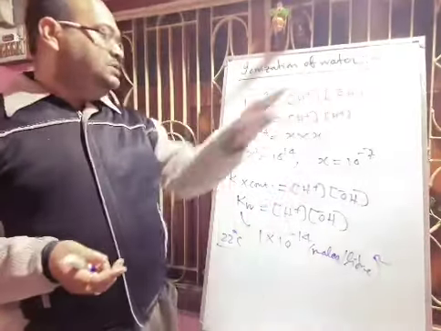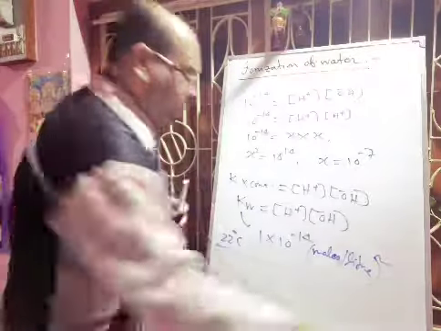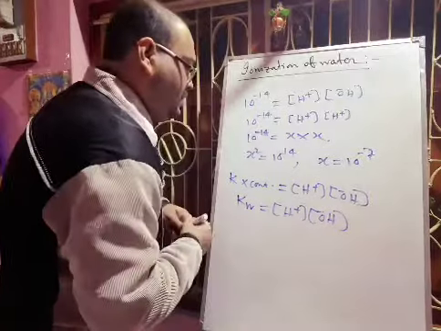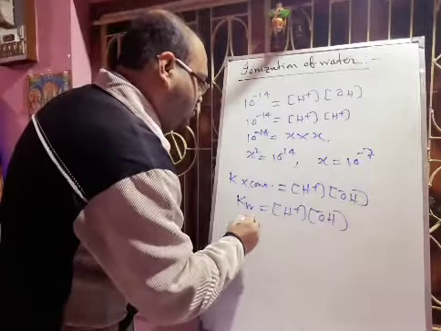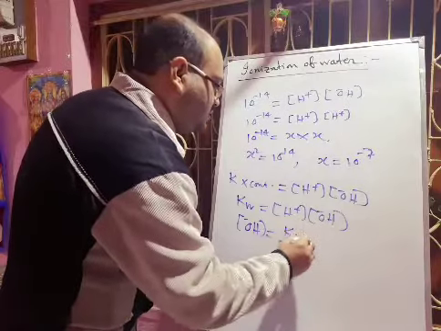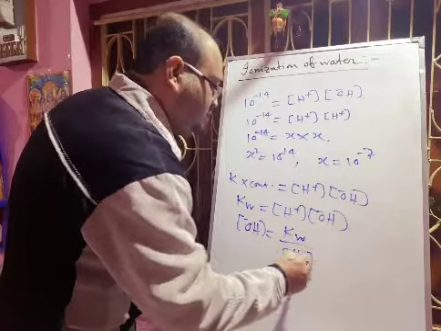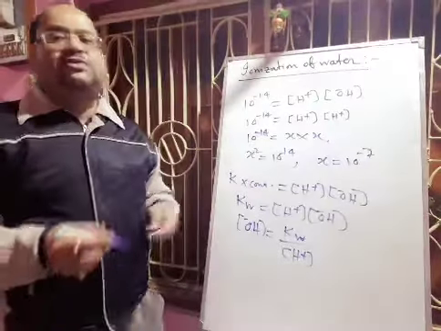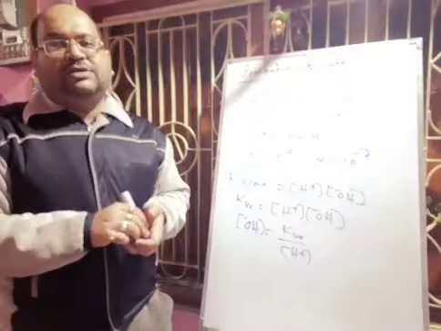So here you can write that concentration of OH minus is equal to Kw by concentration of H plus. So if you increase the concentration of H plus, this value will decrease.